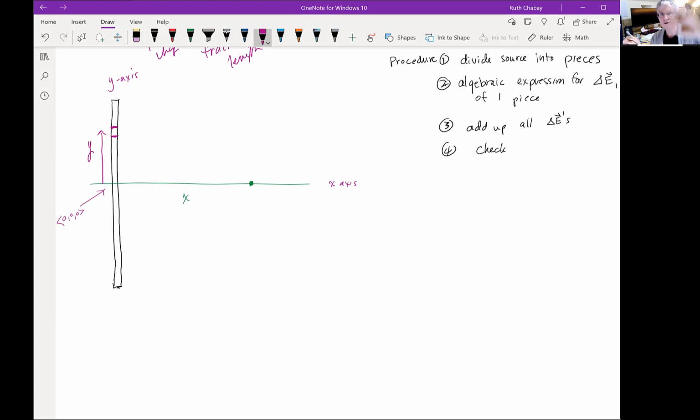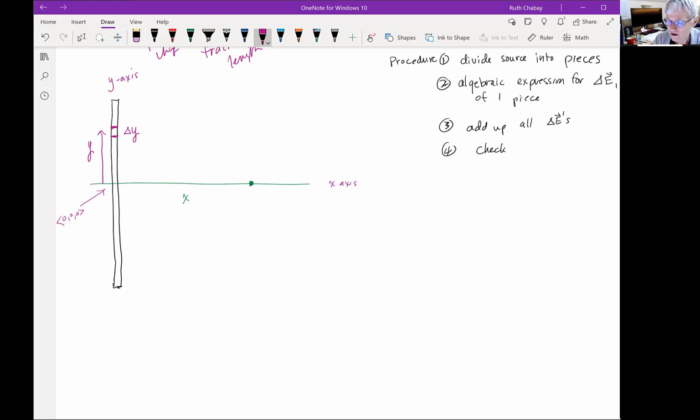So all the y's are going to be different for the pieces, but every single piece will have the same charge. It's just y that's going to change. And so the dimension of the piece is delta y. And the more pieces we have, the smaller delta y is.